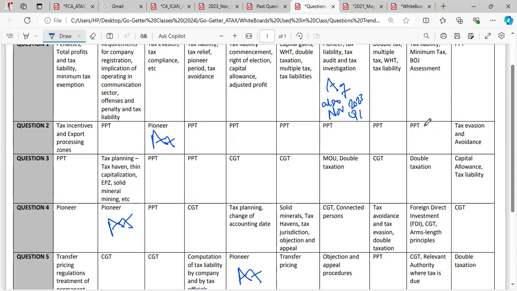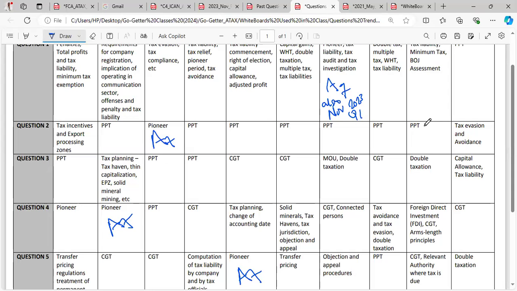So once again, I will say, whenever they give you question on Pioneer, they are not testing you much on Pioneer, they are testing you much on commencement or cessation rule. Little about pioneering in the calculation. The exception here is that the accumulated profit for the pioneer period is not going to be taxed. If there is loss, you bring it as if it is incurred on the first day.